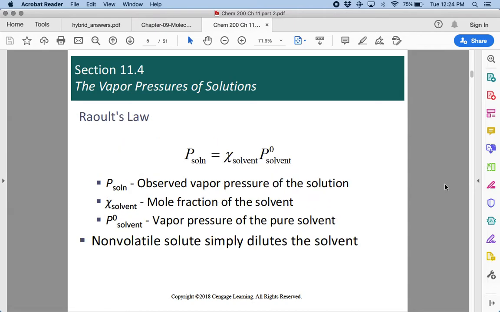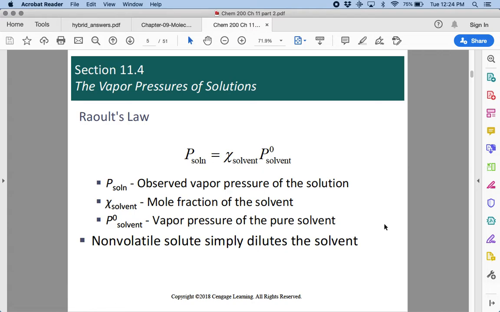We'll be utilizing this concept through Raoult's law, which has the equation that we see here. The observed pressure of the solution is going to be the mole fraction of the solvent that we talked about earlier in part 1, times the vapor pressure of the pure solvent.